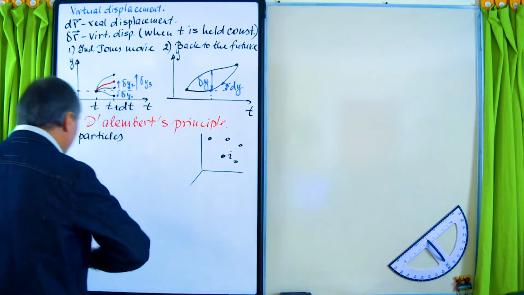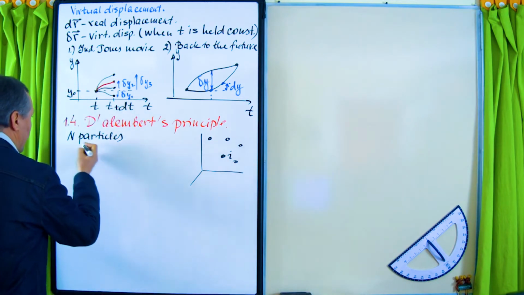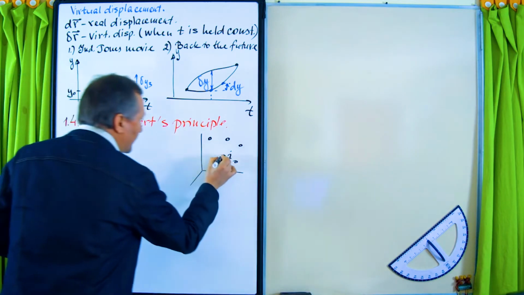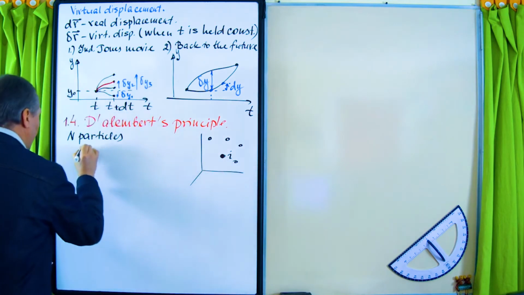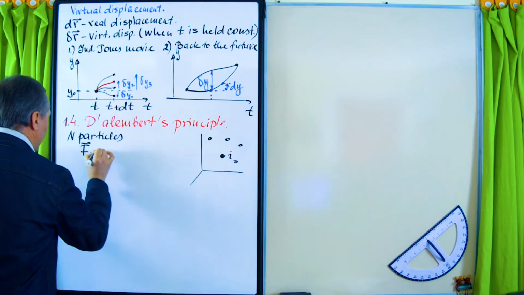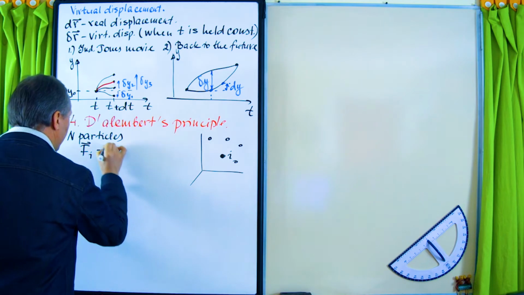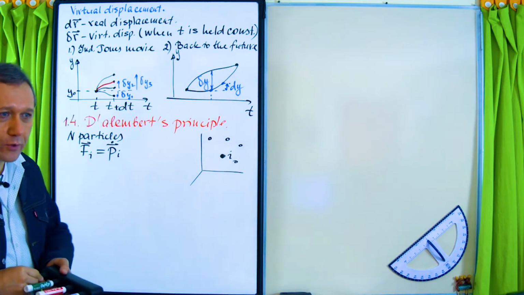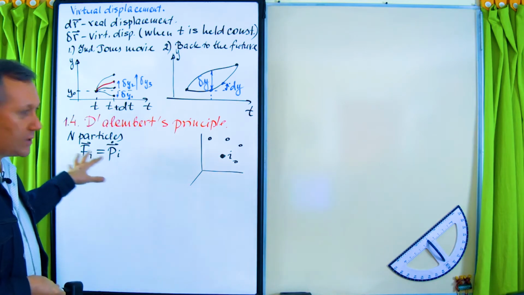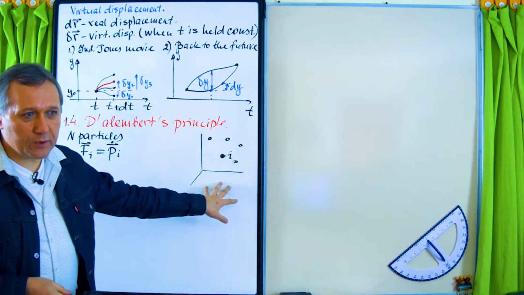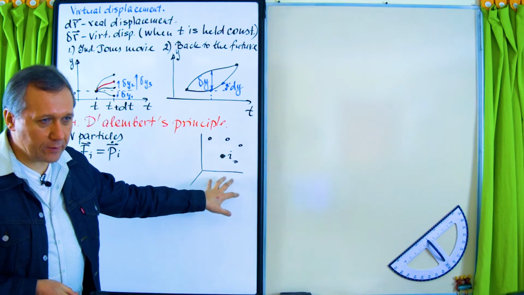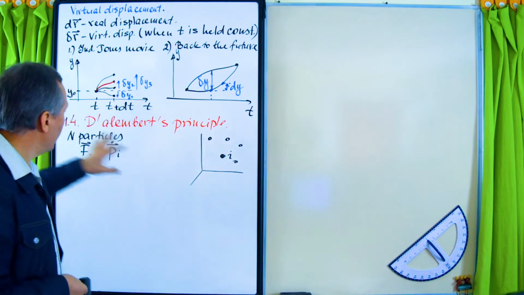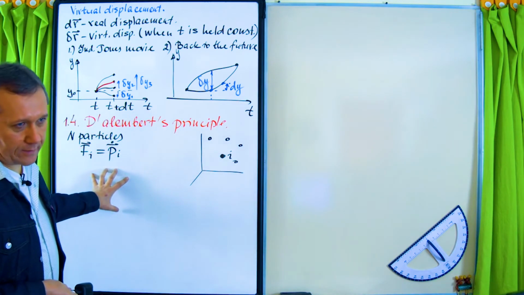So let's write Newton's second law for this particular particle. All forces acting on that particle equal the rate of change of its linear momentum. If I use Newton's second law, it means immediately that we're using an inertial reference frame. If it wasn't an inertial reference frame, it would be illegal to write this down.